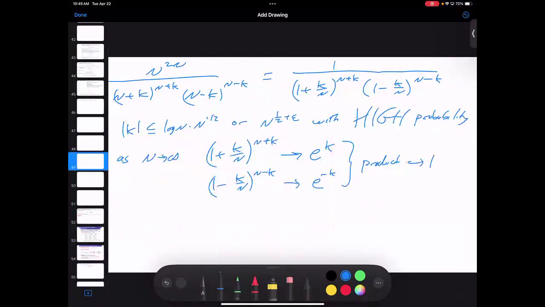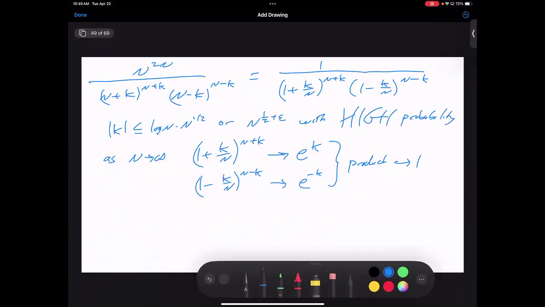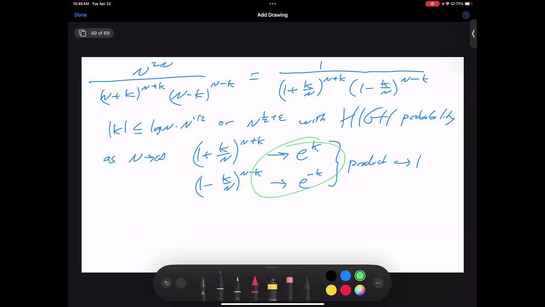So the problem is we were too crude here. K is small relative to n, but it's still potentially a big number. And so if we didn't have the plus k, then yes, 1 plus k over n would converge to e to the k. 1 minus k over n would converge to e to the minus k.